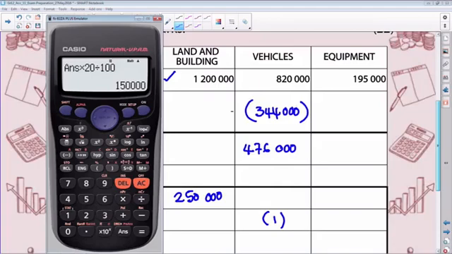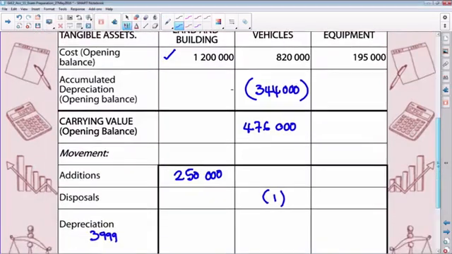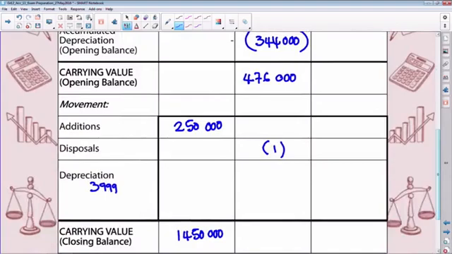Okay, so with regards to this one here, immediately I take my depreciation and I say plus 150,000 Rand. That would be my accumulated depreciation. The total now, the depreciation that went to my accumulated depreciation would be a figure of 153,999 Rand.